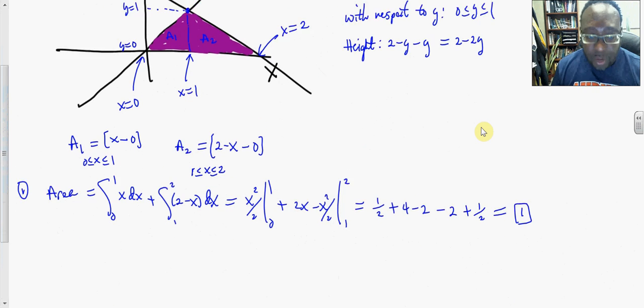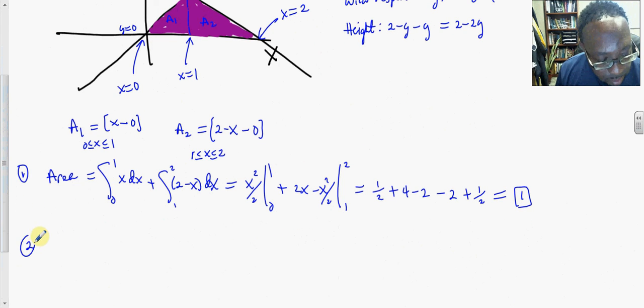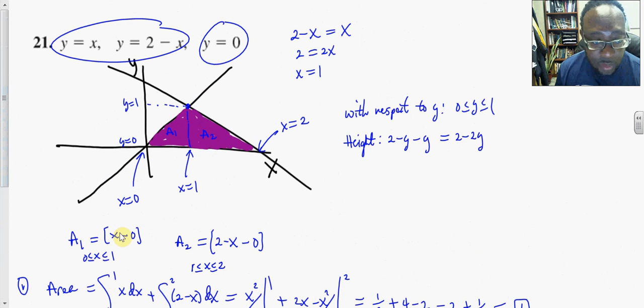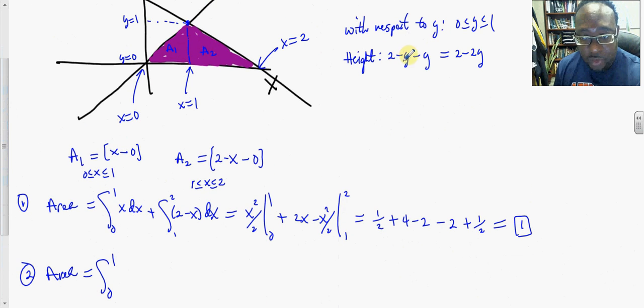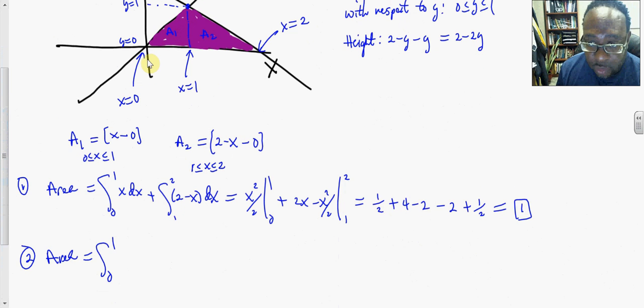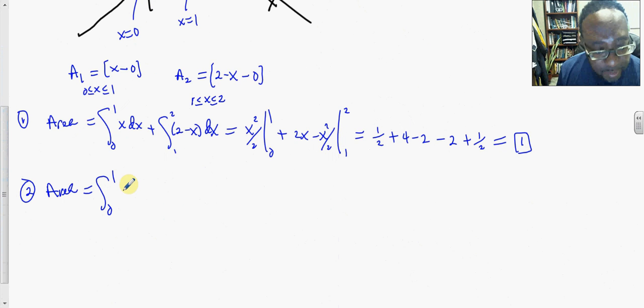Let me do that down below where we have some room. So the area here goes from 0 to 1 with respect to y. And then it's the function that's to the right. Again, that was 2 minus y. Then minus this y here. So we just got 2 minus 2y.